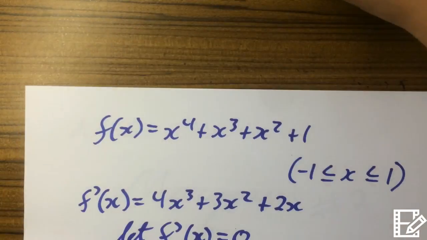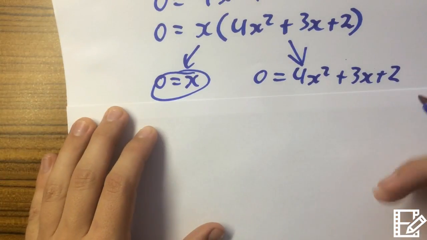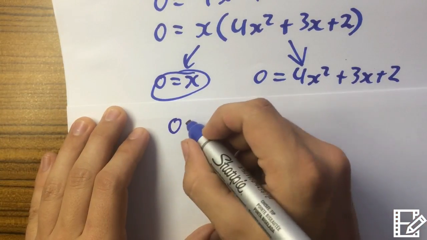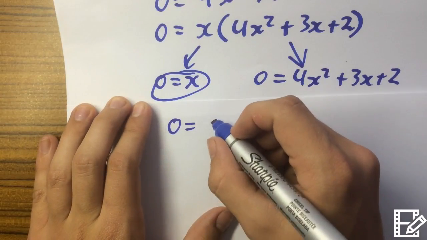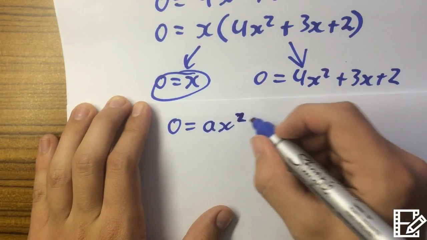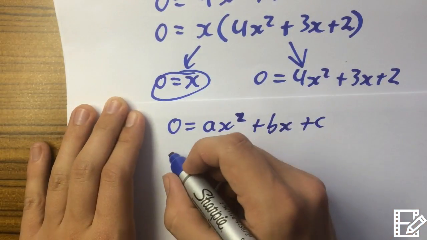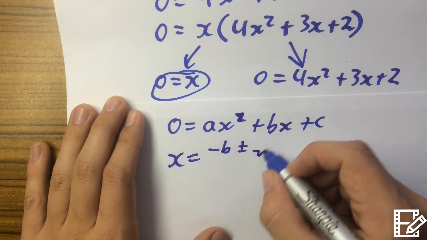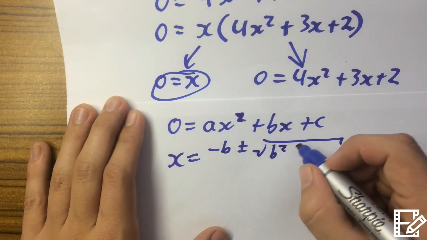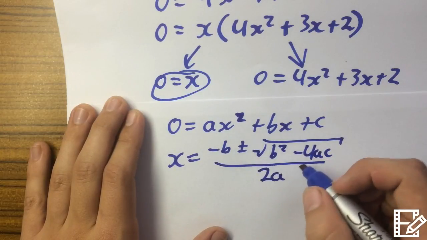And for this bit over here, we use the quadratic formula to solve. The quadratic formula looks like 0 equals ax squared plus bx plus c, and to find x we do -b plus or minus the square root of b squared minus 4ac all over 2a.